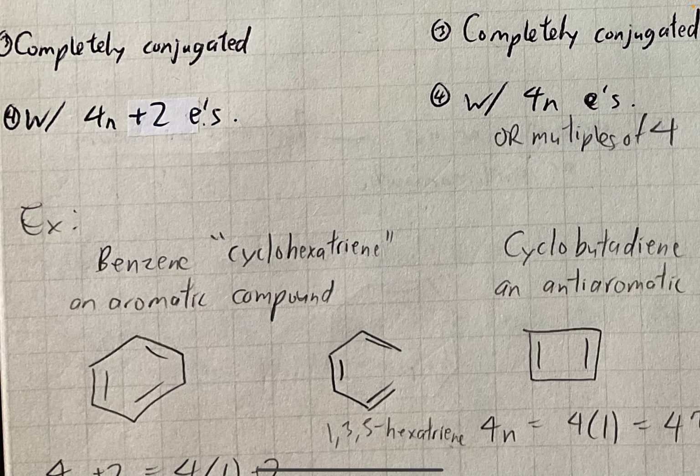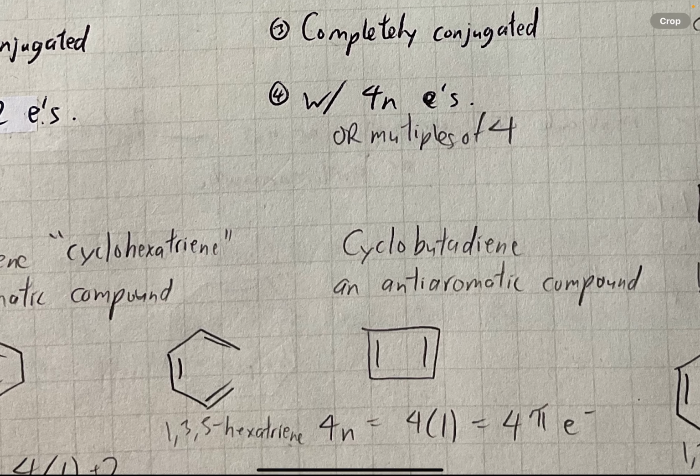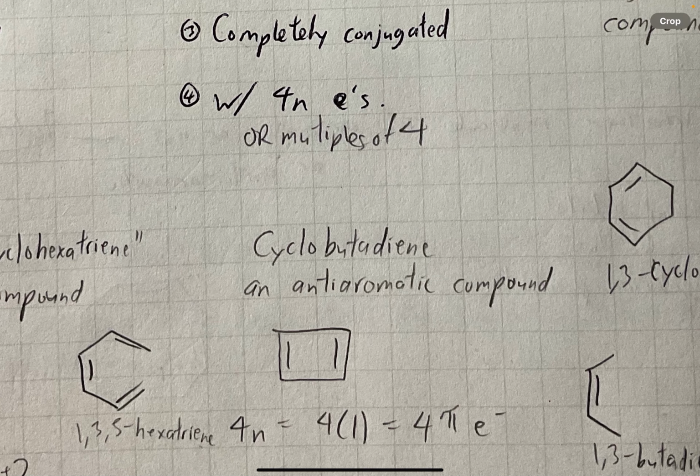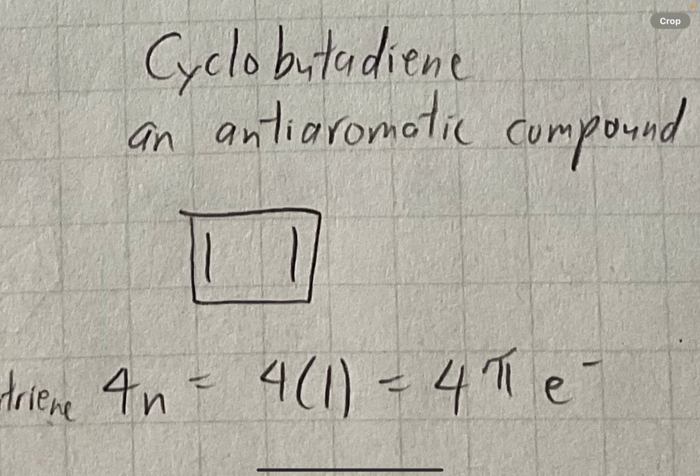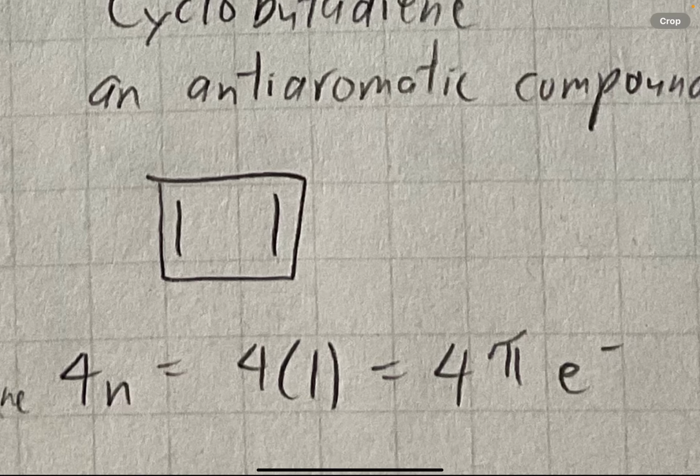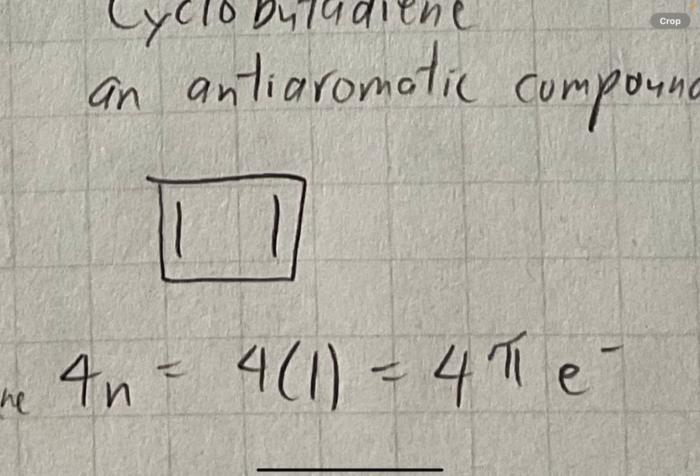Benzene cyclohexatriene is an aromatic compound. This one is an example of an anti-aromatic, the cyclobutadiene. It is cyclic, it is planar, it is completely conjugated, as you can see. And does it follow Huckel's rule?